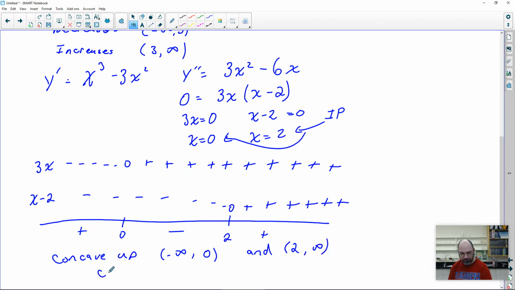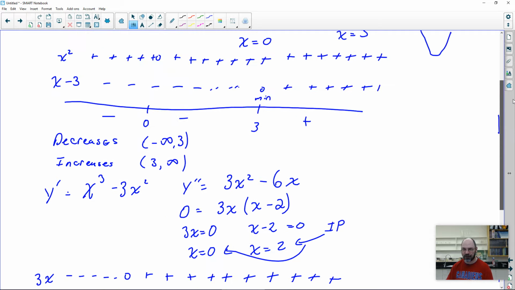And it's concave down from 0 to 2. Okay, and then tomorrow we'll get into how you use this information to do a full curve sketch. This is just, if you wanted to find these two IPs, what the actual points were, you could plug those into the original equation and get them.